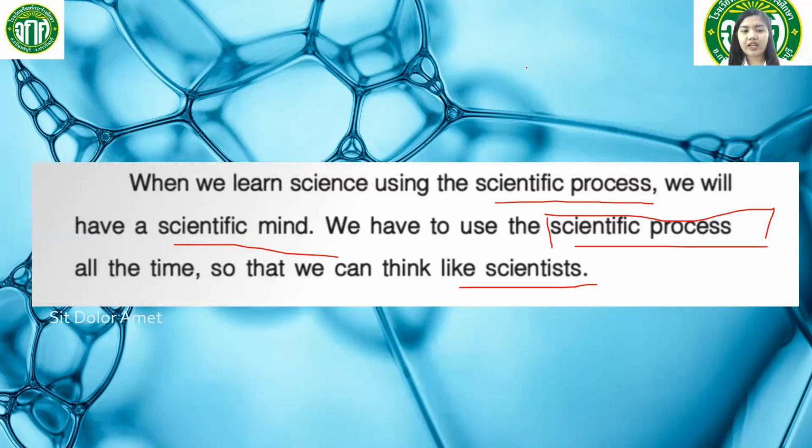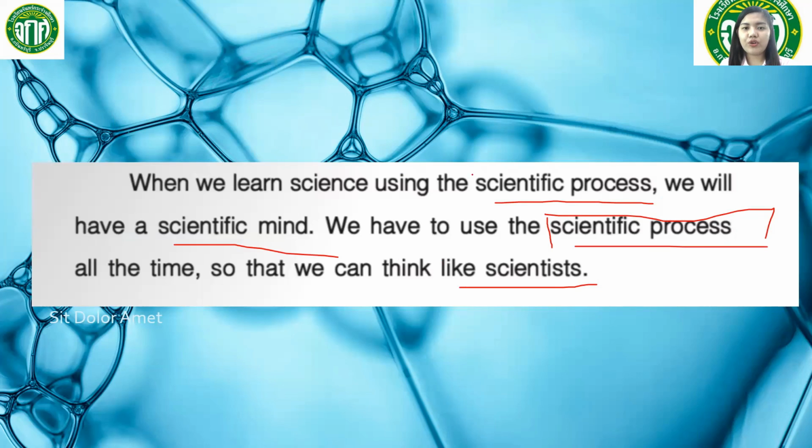So let us have a short review about our topic for today. Again, the topic is the scientific mind. A person who has a scientific mind should use the scientific process.